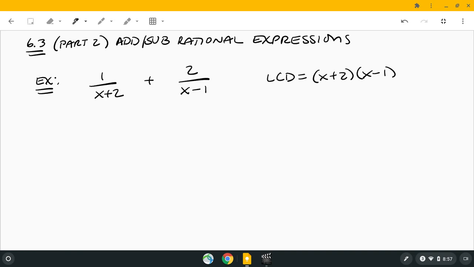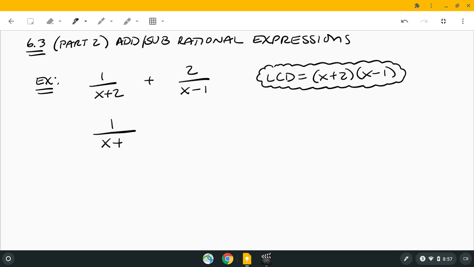Okay, so what we want to do is make our denominators, these two here, look like the LCD. Right now they don't look like the LCD. So this one is x plus 2, but we want it to say x plus 2, x minus 1.